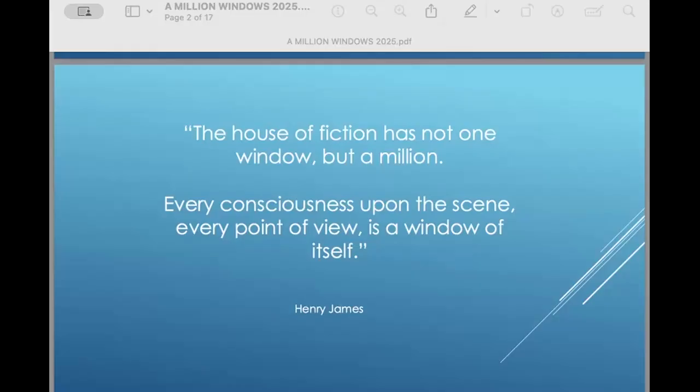If we think of Henry James, he was kind of a precursor to the modernist novel, very much taken with the psychological insights that he could get into his characters. So very rich psychology in the story, a lot of stream of consciousness, and a lot of work done on viewpoints.